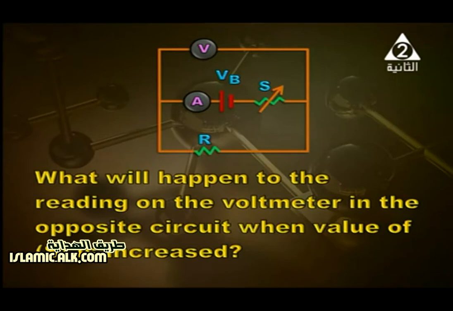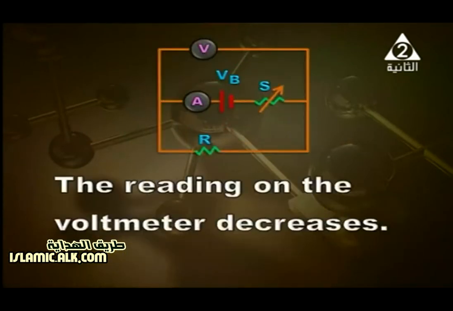The voltage applied across this resistance is the product of the current and the resistance. The resistance is constant, so the current will determine what happens to the reading of the voltmeter. When increasing the value of the variable resistance, the current decreases, so the reading will be decreased. So the reading on the voltmeter decreases. Voltmeter here in this particular case reads the voltage only on the resistance R.